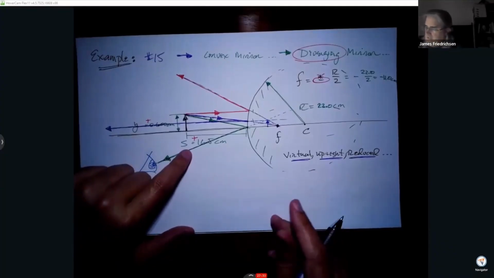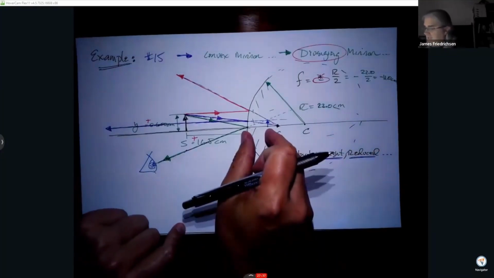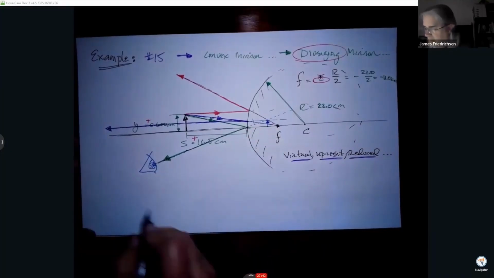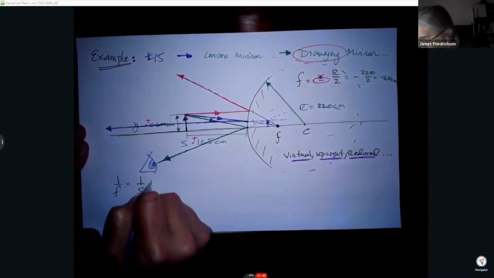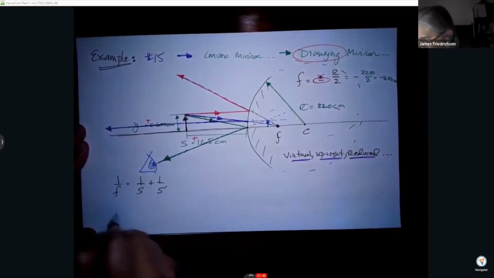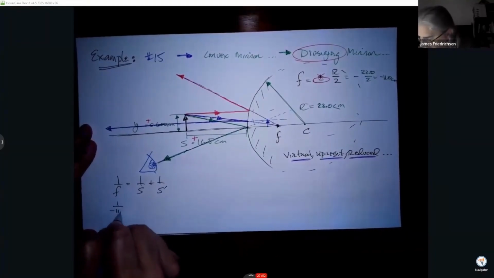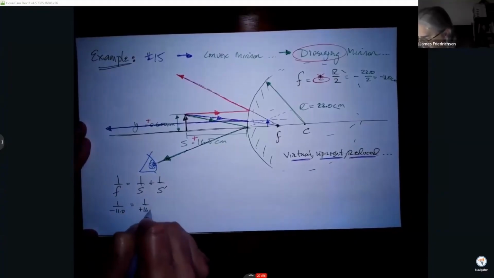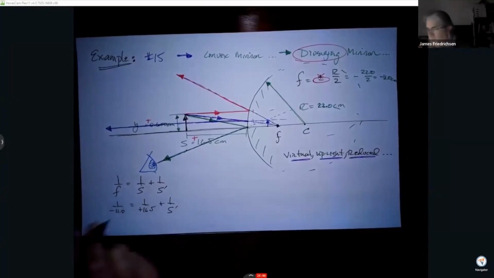So we have our object distance and we have the focal length, so we can calculate our image distance, which is this distance here from the vertex to the image. And so we would do that: 1 over the focal length is 1 over the object distance plus 1 over the image distance. So this will give us 1 over negative 11 centimeters is 1 over positive 16.5 centimeters plus 1 over I don't know.